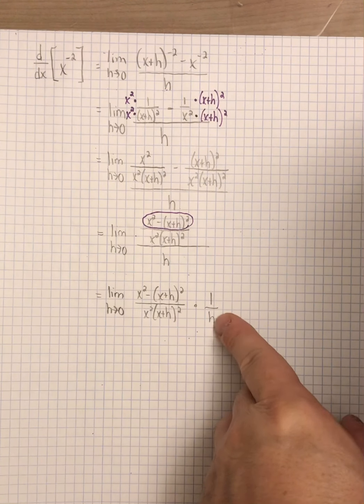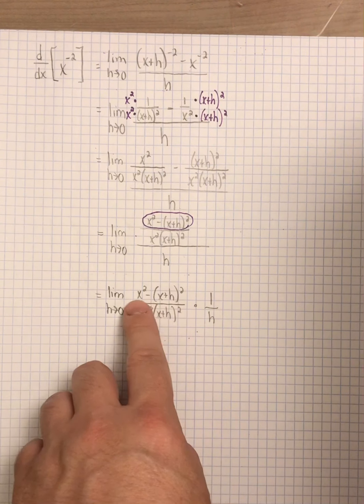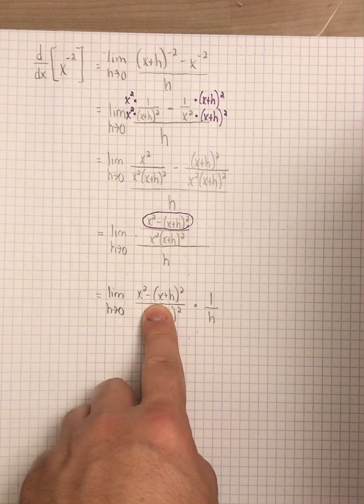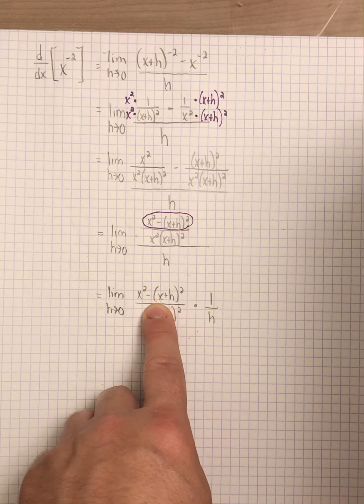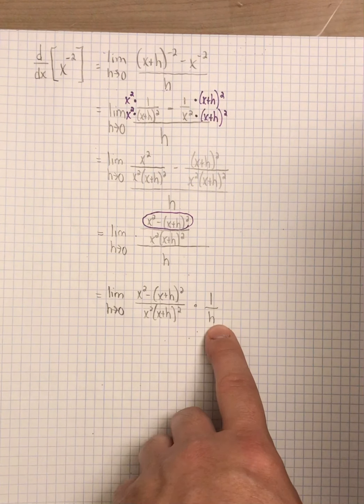So there's our factor of h in the denominator. We know what the expansion of this will look like from when we did it for the derivative of x to the positive 2. So we will get the terms without an h canceling out. The remaining terms will all have at least one h. Factor it out to cancel with this.